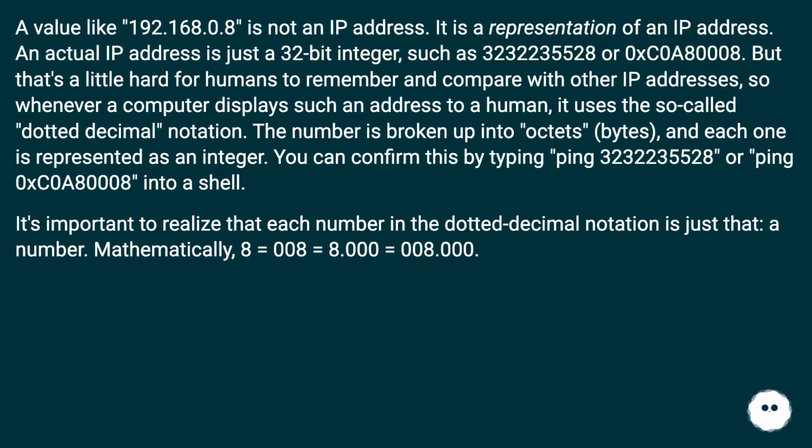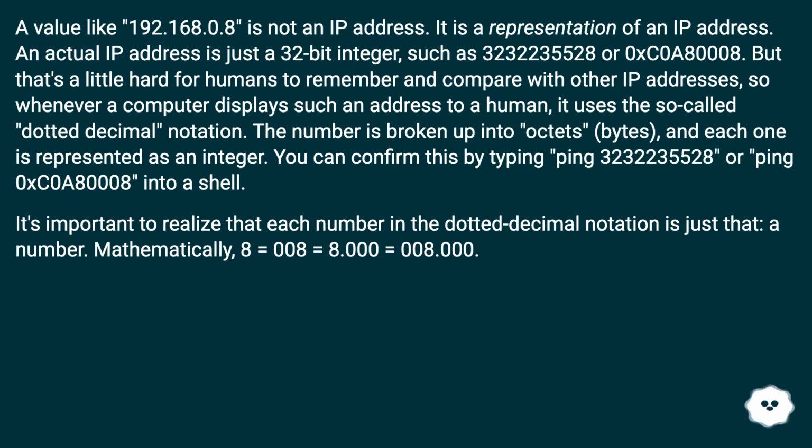A value like 192.168.0.8 is not an IP address. It is a representation of an IP address. An actual IP address is just a 32-bit integer, such as 3232235528 or 0xC0A80008. But that's a little hard for humans to remember and compare with other IP addresses, so whenever a computer displays such an address to a human, it uses the so-called dotted decimal notation.